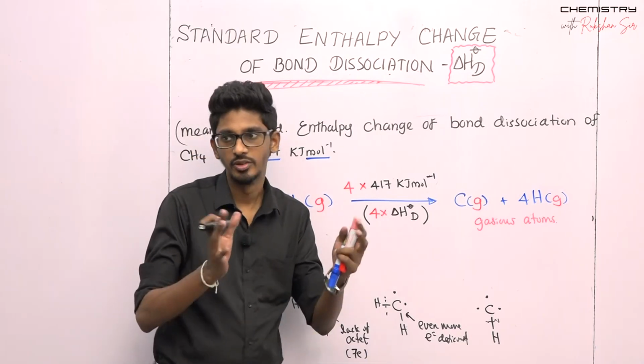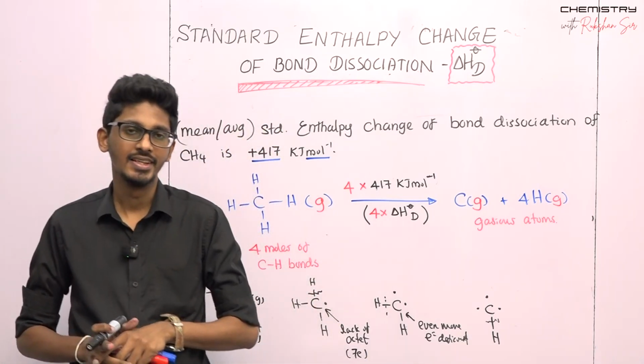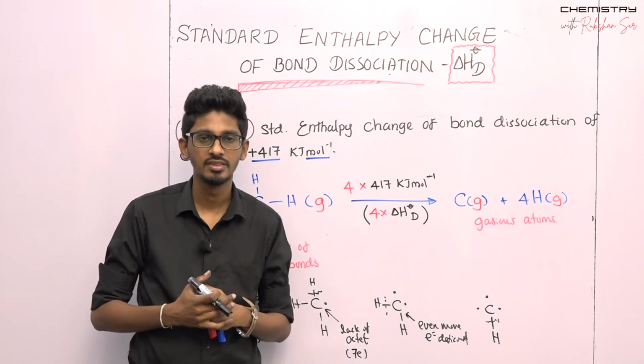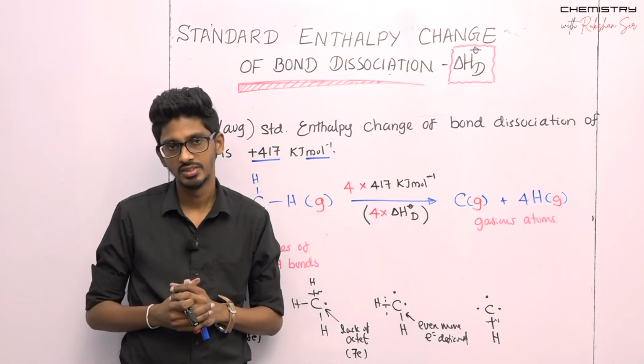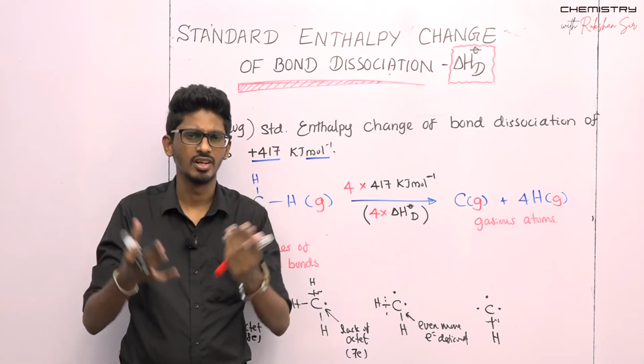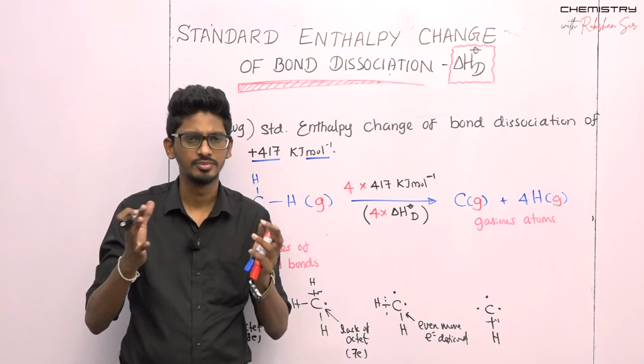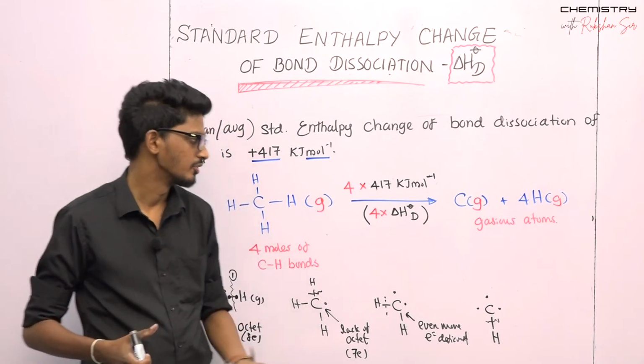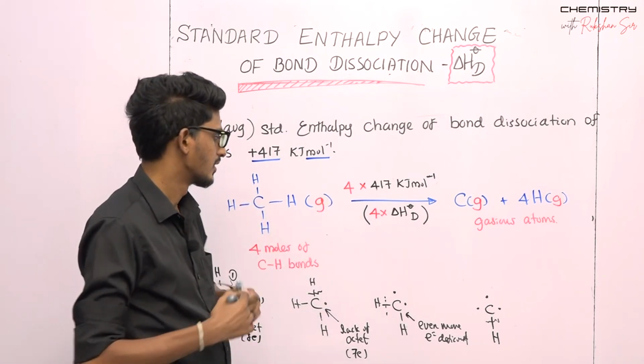If you have a few different values, taking the sum of all of these values and dividing it by the number of entities will give you the average value. That will be a rational value. Some general value can be used for all the bonds. That is the idea of the average. So that is used here. It's like this now.